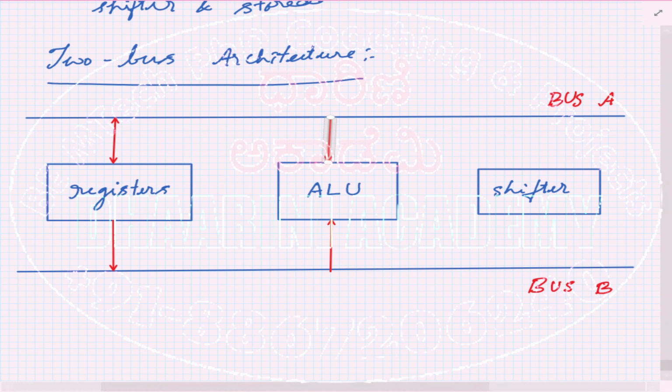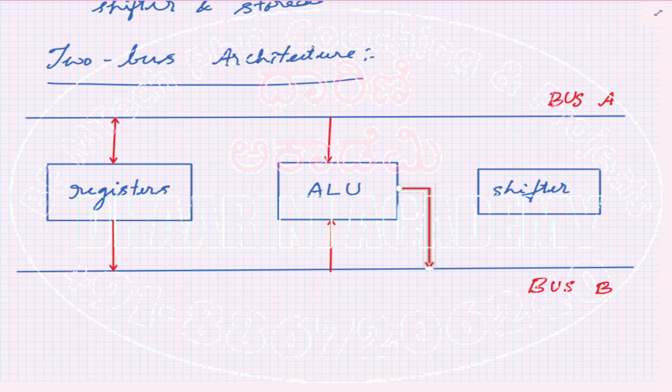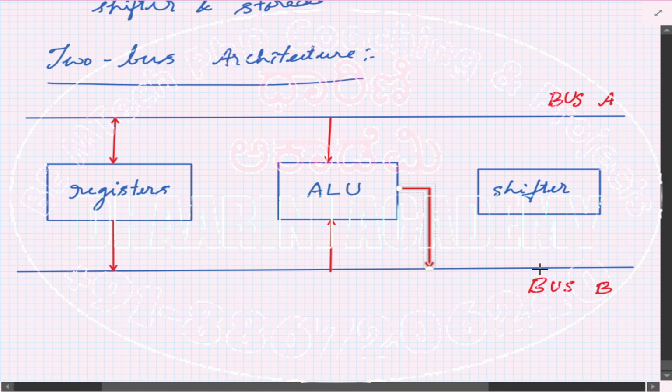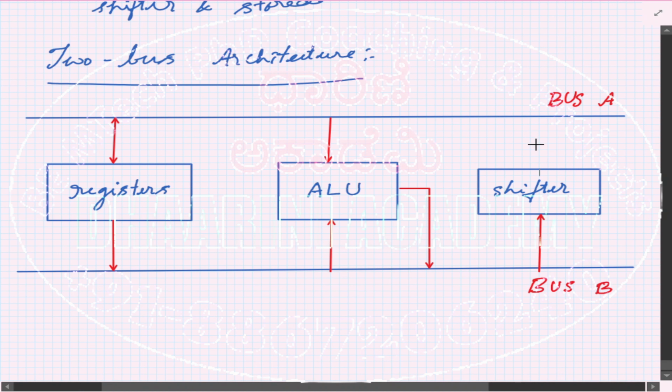Okay, and we need another specific connection here, to put the result back. We have a different connection now, and if something has to be read from bus, we use this line, and if you want something to move from shifter back to any other place, you use this line.